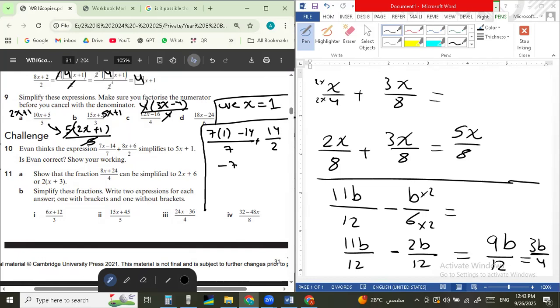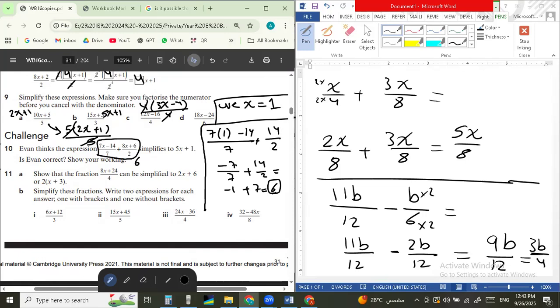So it's negative 7 over 7, plus 14 over 2. What is negative 7 over 7? Negative 1 plus 7 equals 6. So that's it. This part is equal to 6.